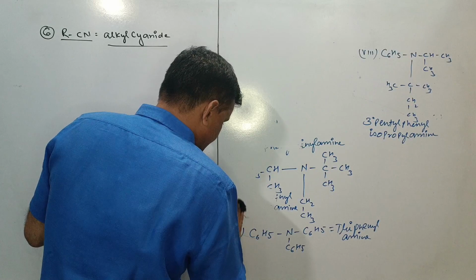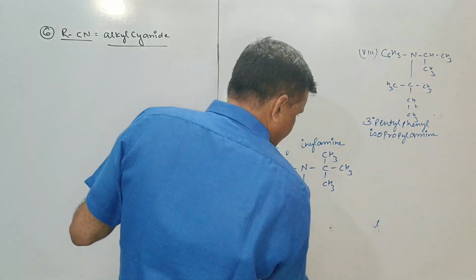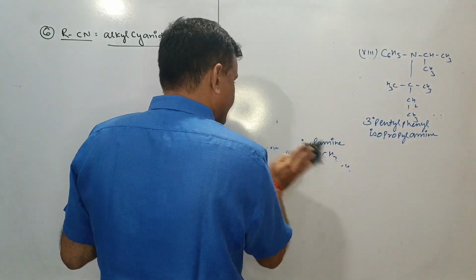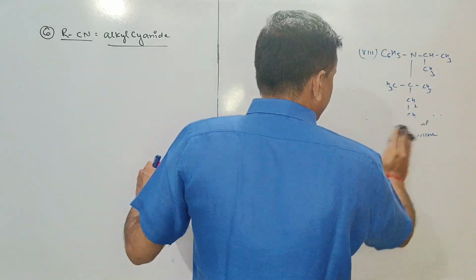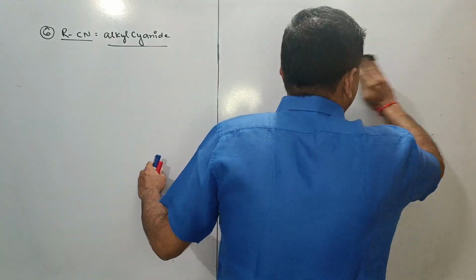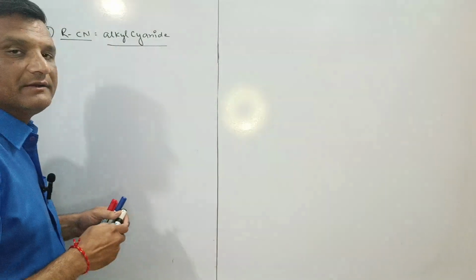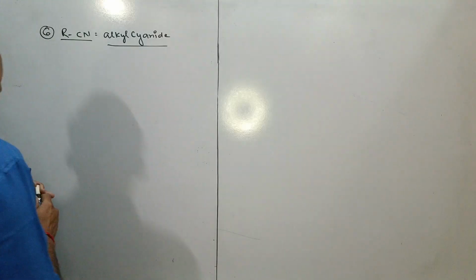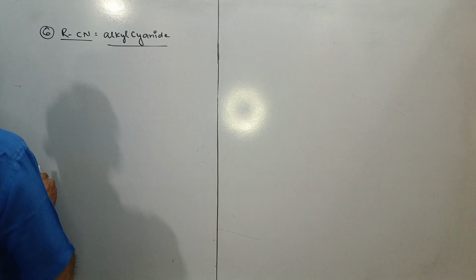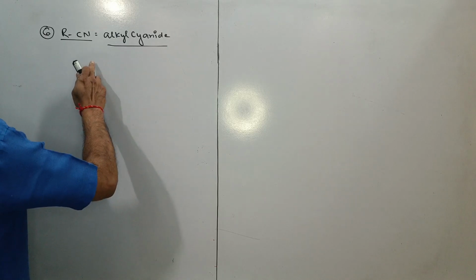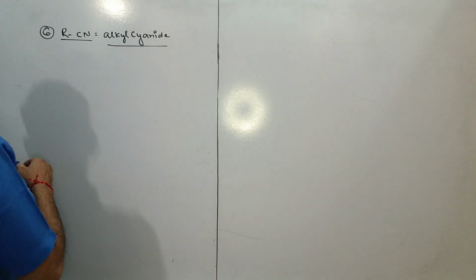What are they? See each and every video properly, but it depends on your regularity, otherwise everything will be totally flop. So first example, if I go with just RCN, then these are known as alkyl cyanide.